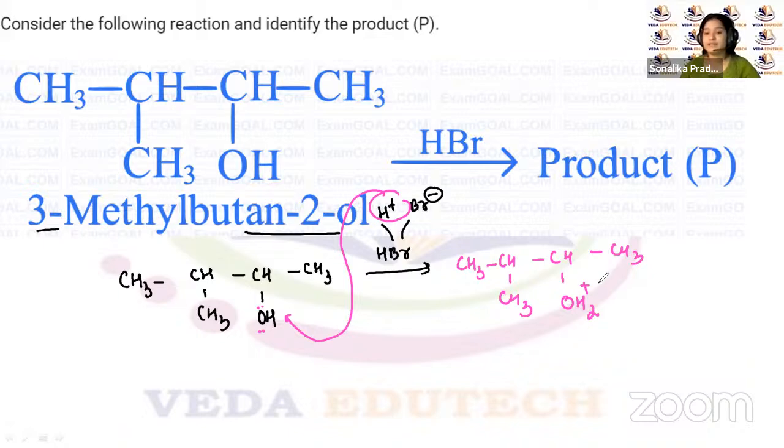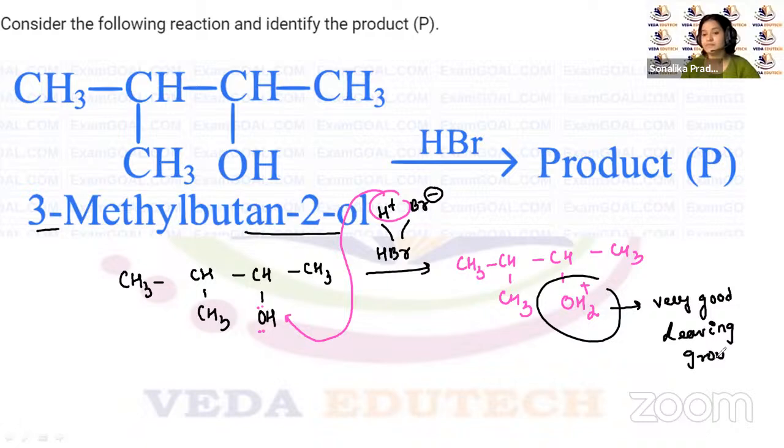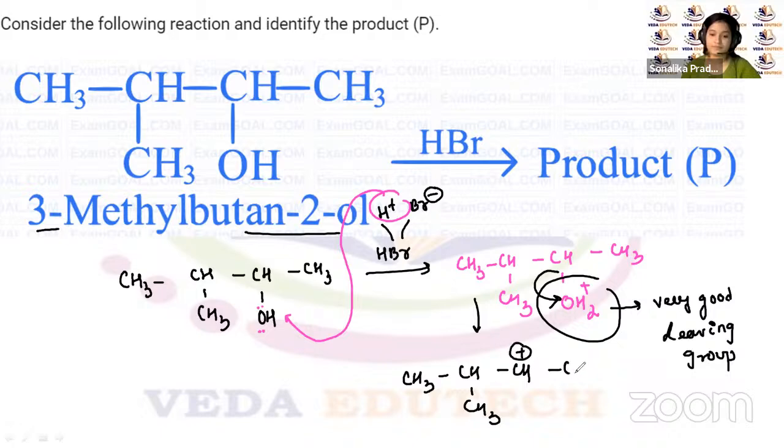As you know, this is a very good leaving group, so it is going to go. When this goes, you are going to get a carbocation. But as you can see, beside this there is a group which can form a more stable carbocation.